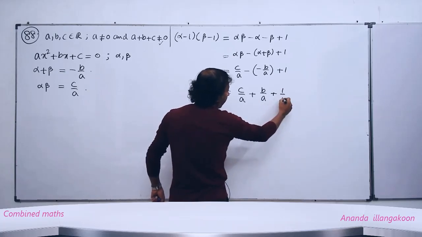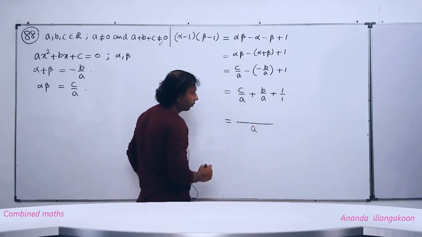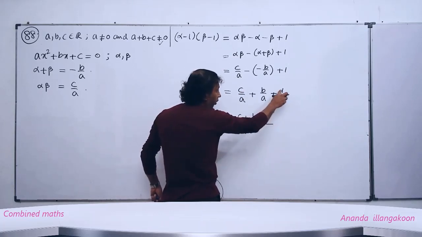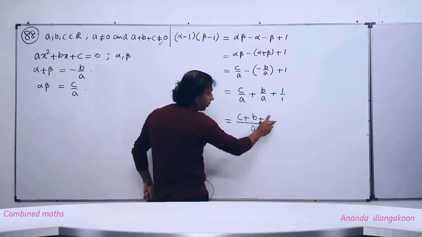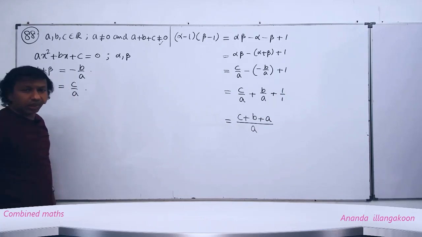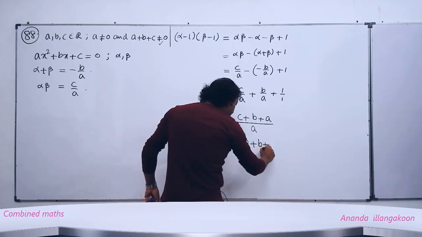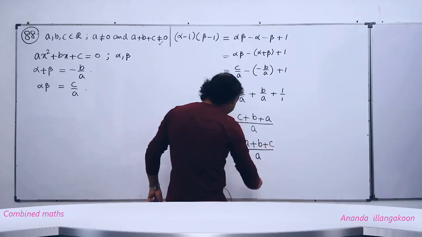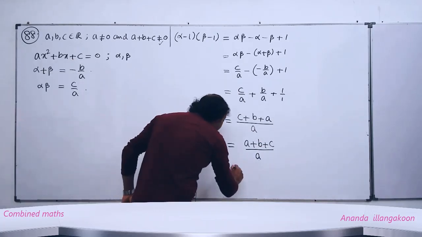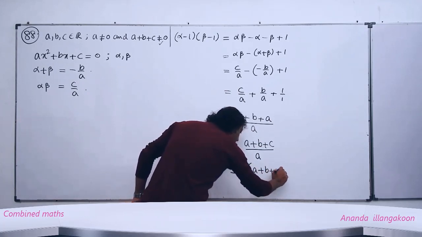Here we have 1, so I'm going to take the common denominator as a. Then this one becomes a. Then we have c plus b plus a, that is nothing but a plus b plus c, divided by a. You can write this as 1 upon a times (a plus b plus c).